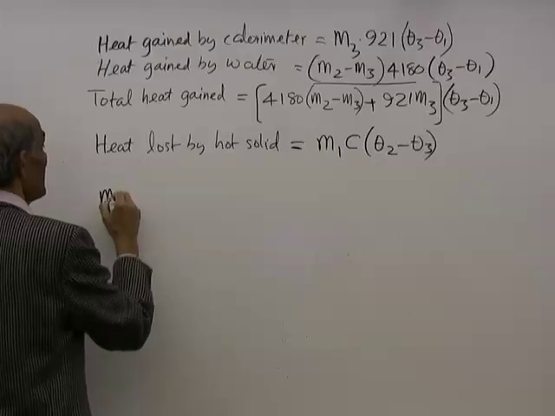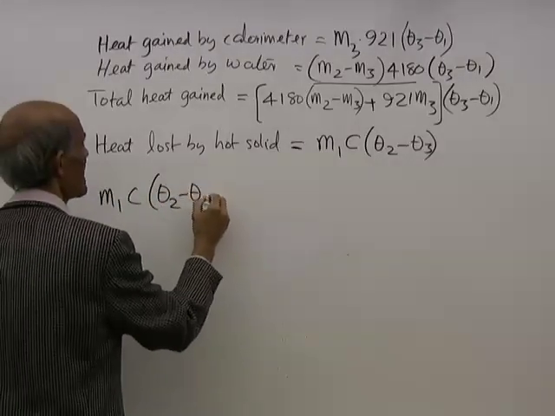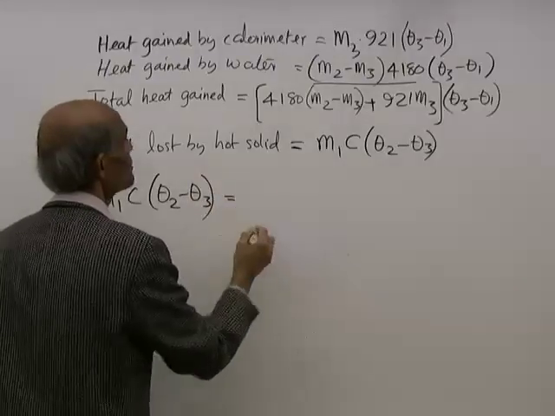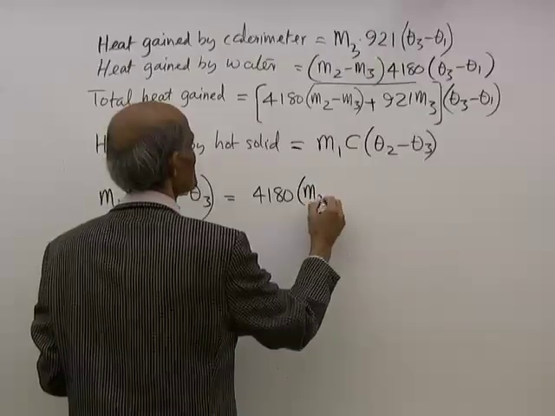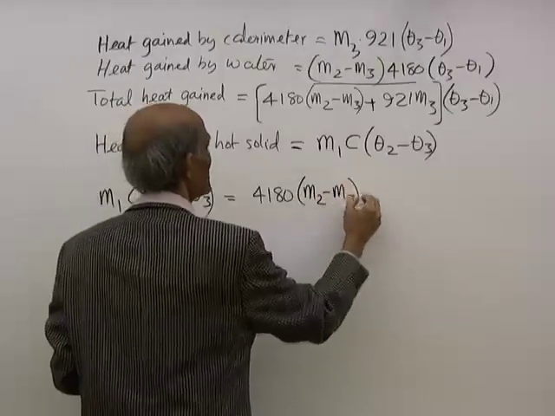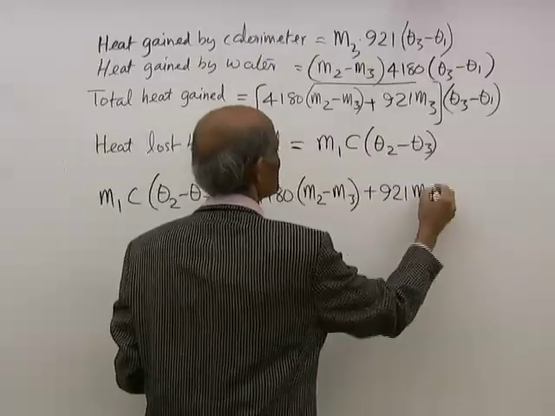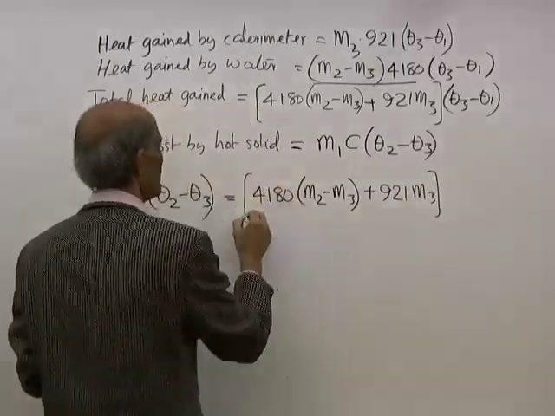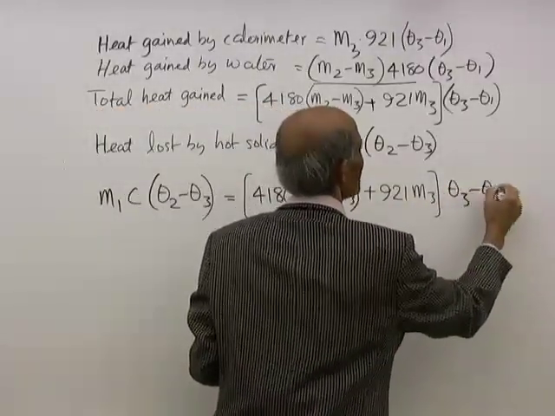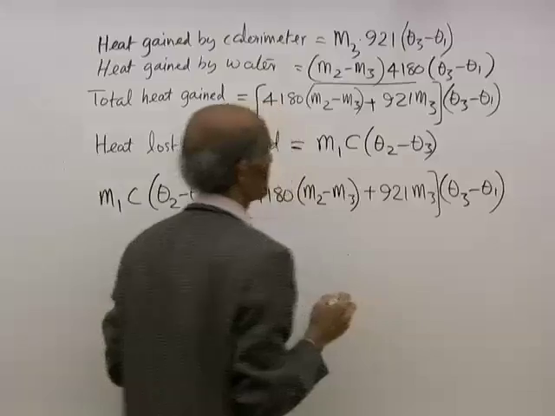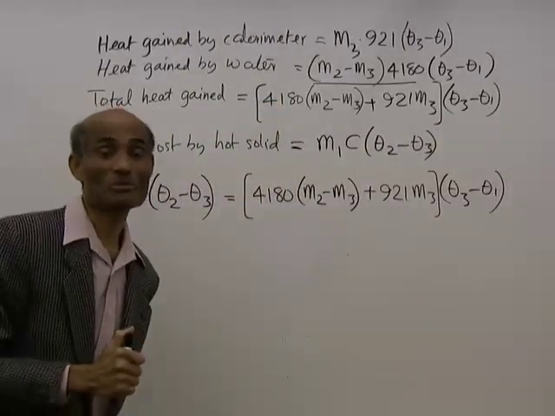So we have M1 C times (theta 2 minus theta 3) equal to 4180 times (M2 minus M3) plus 921 M3, all multiplied by (theta 3 minus theta 1). Well, that is the equation for our lab today.